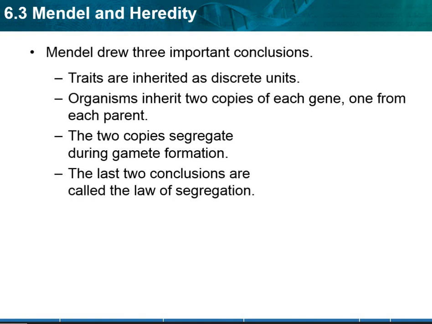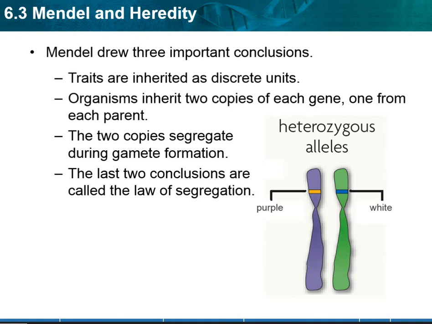The last 2 conclusions are called the law of segregation, and we'll talk about the law of segregation in the next couple of sections here. But the law of segregation basically says that you're going to inherit a chromosome 1 from your mom or dad, or like a mixture of that.